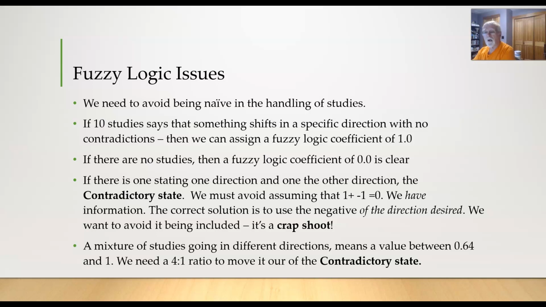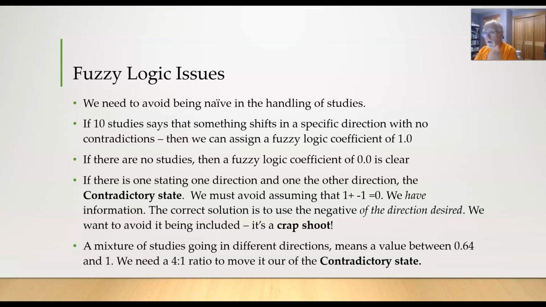If there's one study in one direction and one in another direction, the so-called contradictory study, we end up actually having to give the value of -1. We don't want to use it. And why don't we want to use it despite having positive studies? Because it's a risk. We want to follow the do no harm principle.